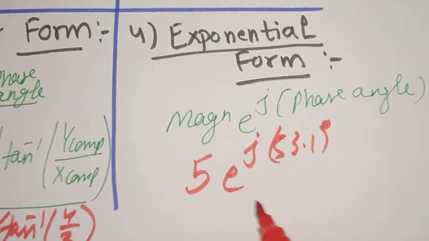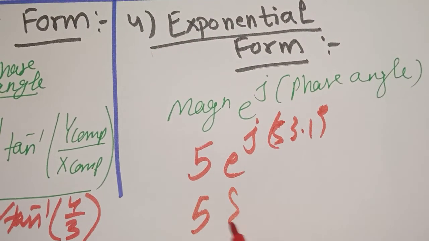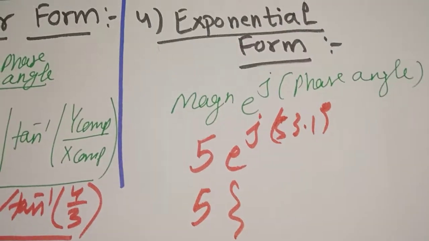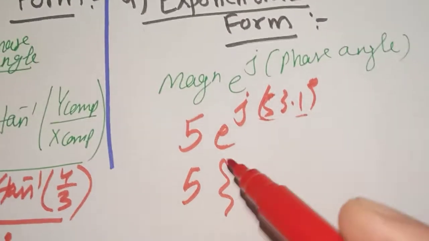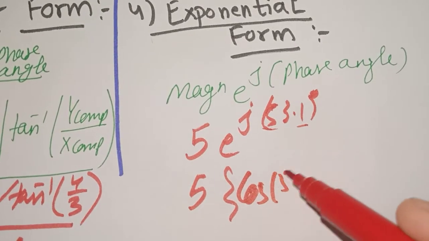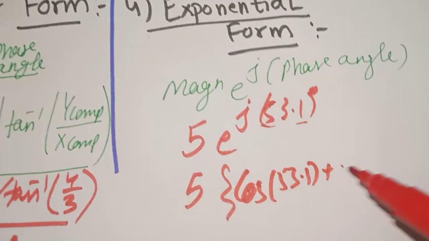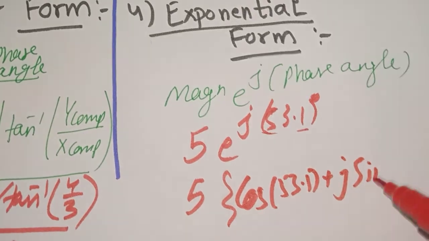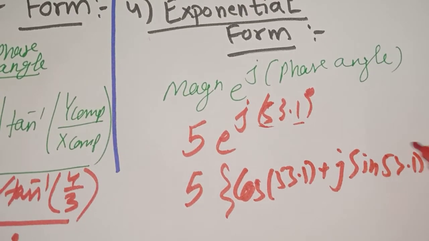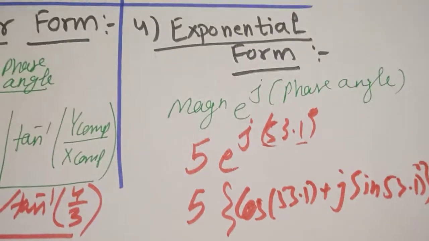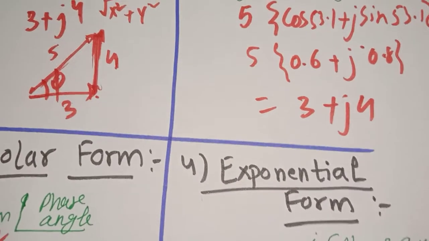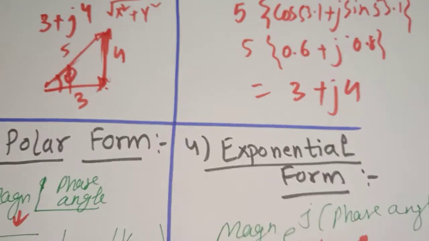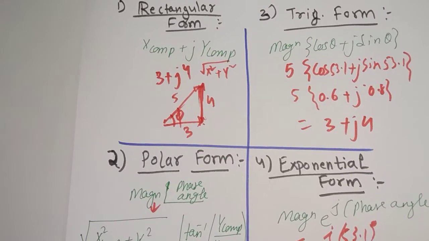Even if you want to solve it further, you can write it as 5 times, and you know from Euler's identity that e to the power j theta is cos theta, that is cos 53.1, plus j sin theta, that is sin 53.1. Again, if you solve here, you will get the same result which we did in the trigonometric form. So you can clearly see how these four forms are related to each other, right?